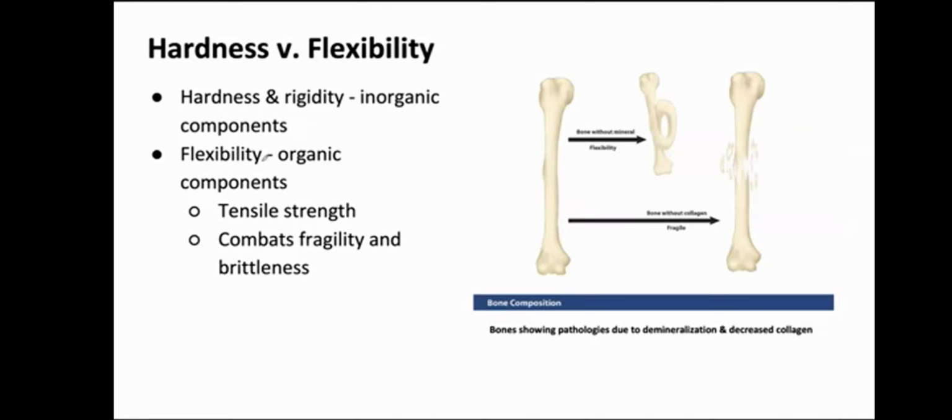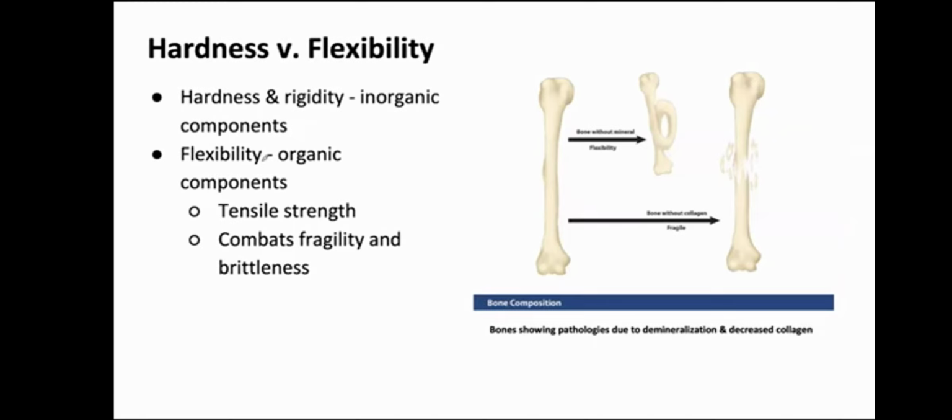So hardness versus flexibility. The inorganic components, that is the minerals, give the bones their hardness and brittleness, and the flexibility is given by the collagen fibers, the living part in the bone. The bone should not be too hard, but it must have some flexibility, isn't it? If it is too hard, it will break easily, like glass.